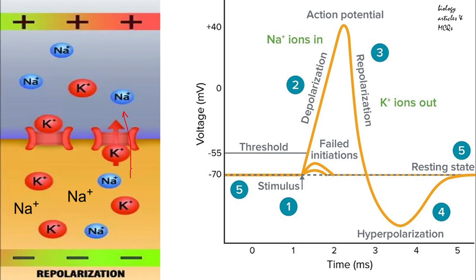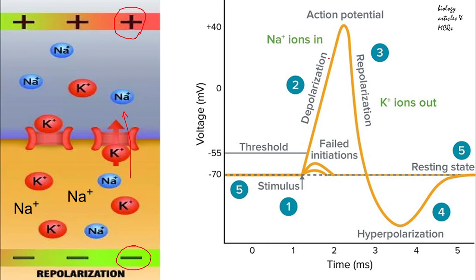As the positive ions move to the outside environment, there will be an increase of positive ions outside, and the charge will become positive outside and automatically negative inside the neuron cell.